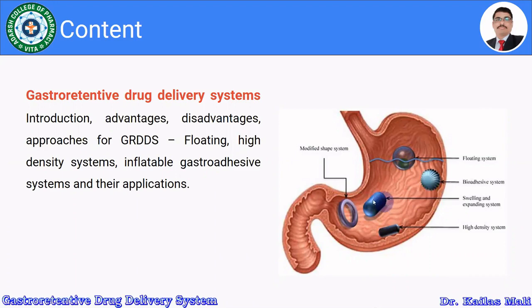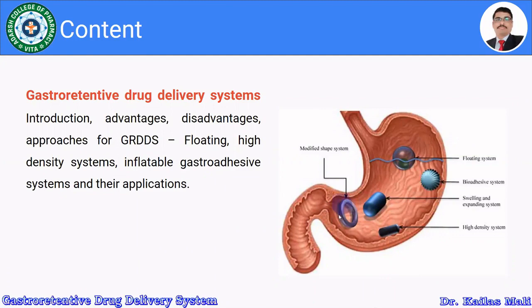Then the swelling and expanding system, which is designed by using swellable polymers, and the size of this system is more than 5 to 10 mm, isn't it? So it is not going to be emptied into the small intestine. And one more system is available, that is a modified shape.